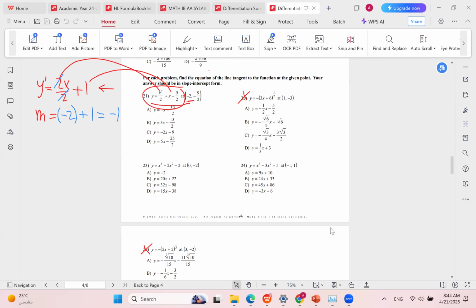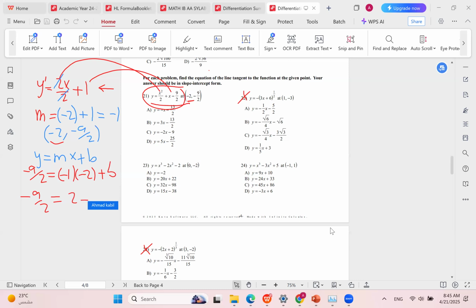Now that we have our slope, we need to use it with the point in order to find the equation. The point is negative 2, negative 9 over 2, and we will use those together to find the equation. So we write y equals mx plus b. And y is negative 9 over 2. This is equal to negative 1 times negative 2 plus b. So negative 9 over 2 equals 2 plus b.